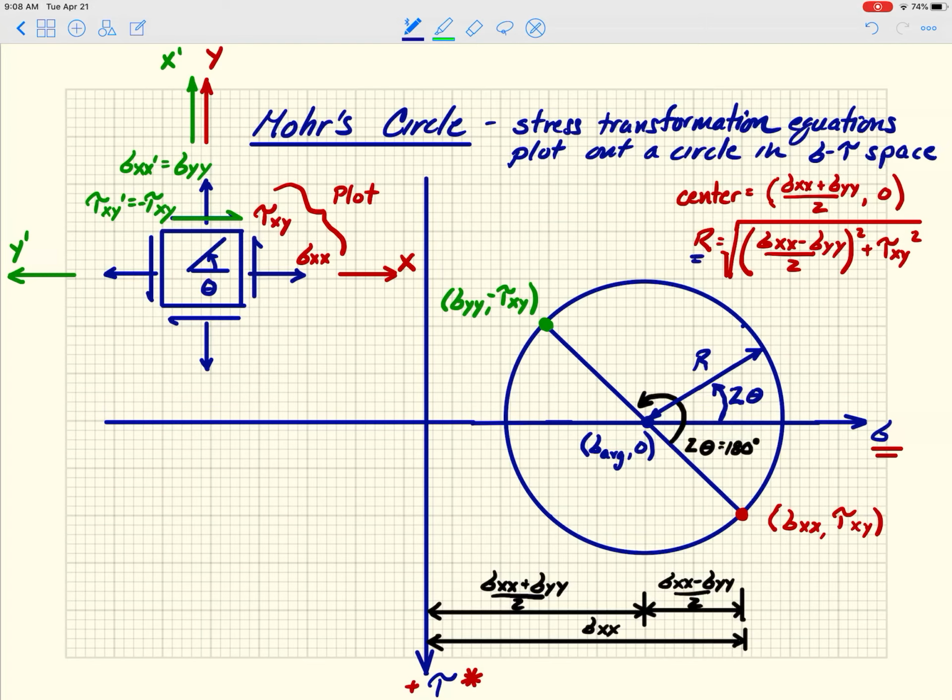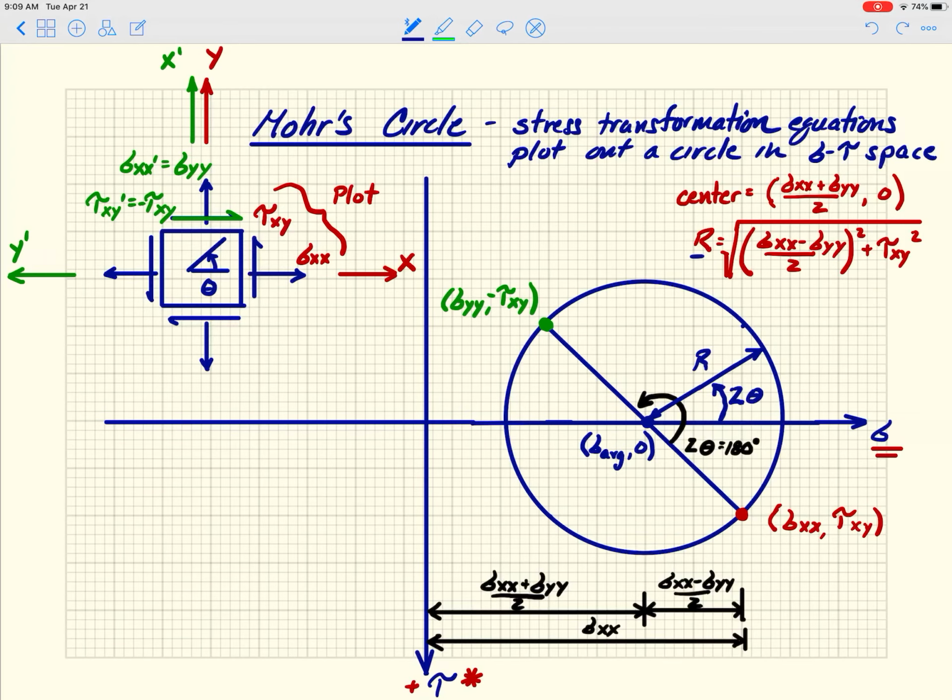So that radius is right here, the center is right there. It doesn't matter which way I plot it, I get exactly the same circle. The difference is now I know where I'm starting.